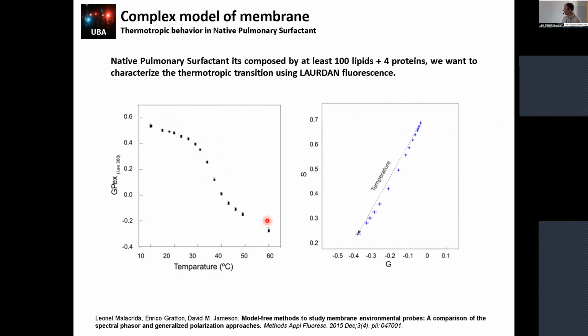Well, when we look at the phasor, it shows us that we are going from order to more fluid, and this is really not a linear combination of two components. We have some kind of a bending of the trajectory, which implies that the Laurdan is exposed to a different environment, and we need to figure it out why. But in any case, it will immediately tell you that you cannot say this is a two-component system. It's more complicated than that.